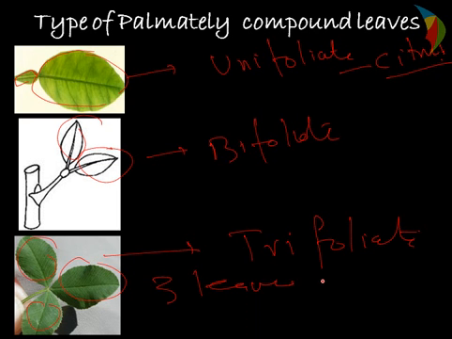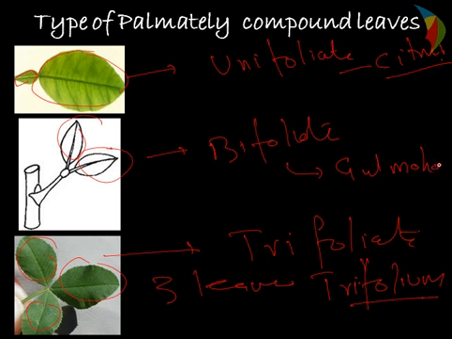The common example is trifolium. And in the case of bifoliate we have the example of gulmohar or hardwickia plant. So these are 3 types of palmately compound leaves.